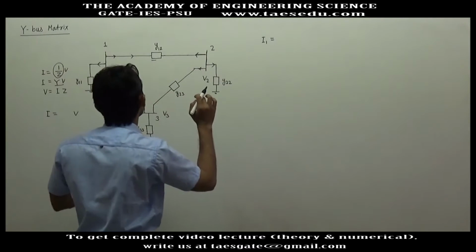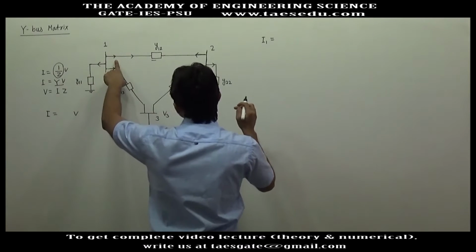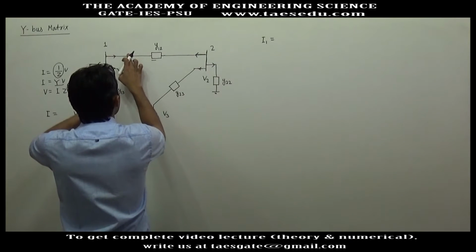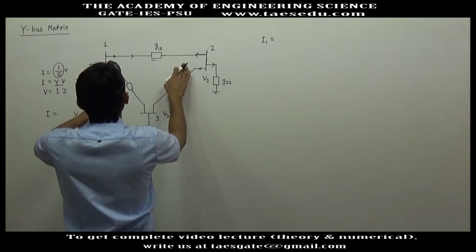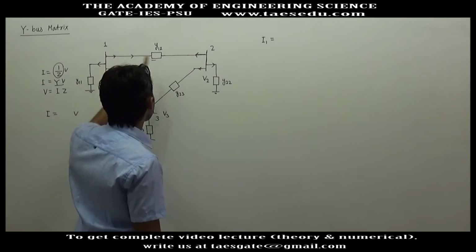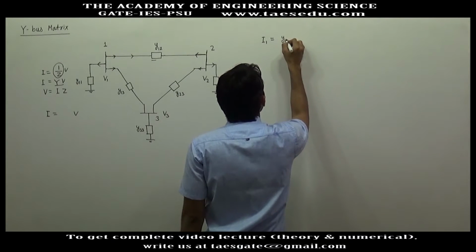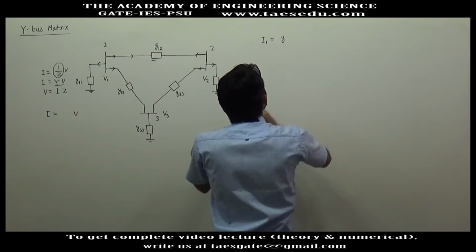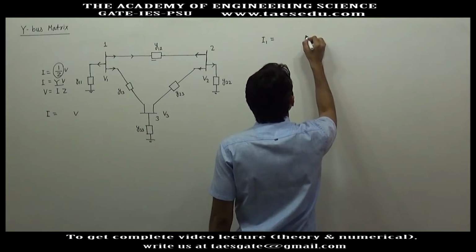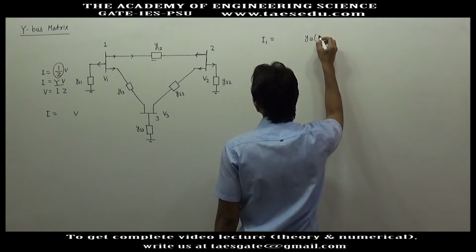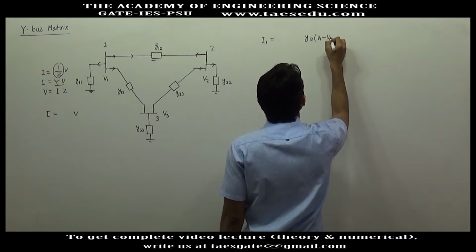So if the reference is taken from bus 1 to bus 2, the voltage difference will be V1 minus V2. I1 will be Y12 into V1 minus V2.